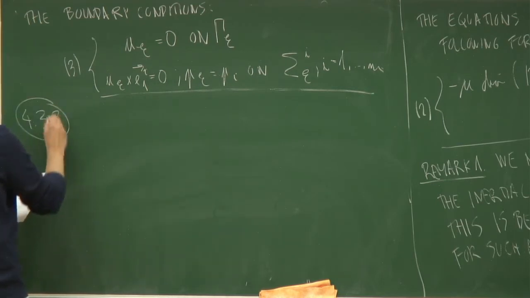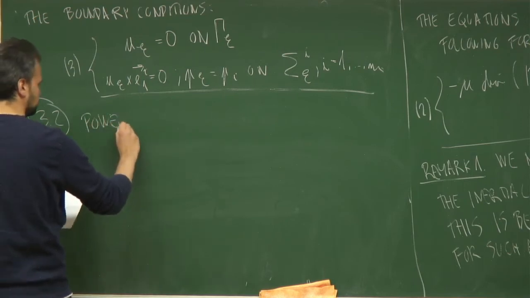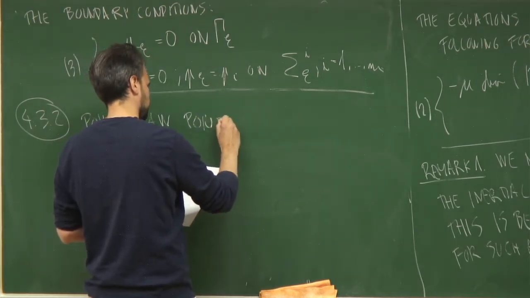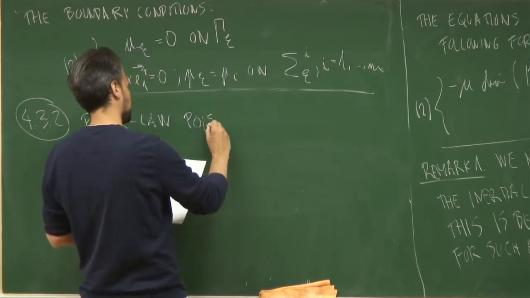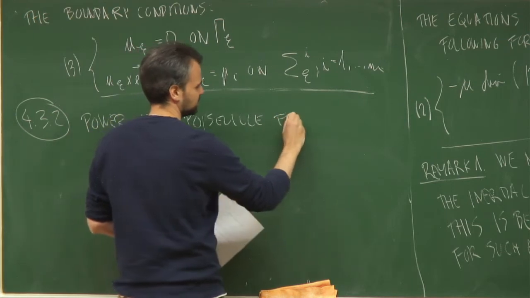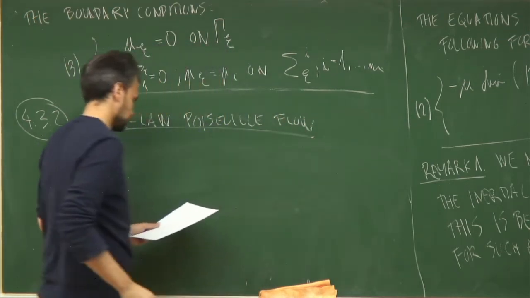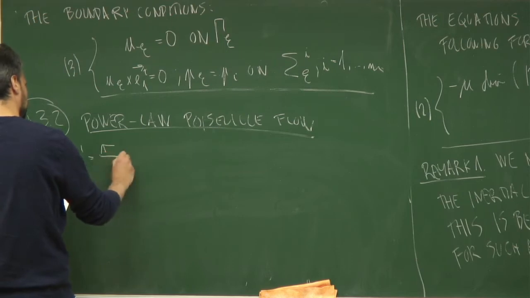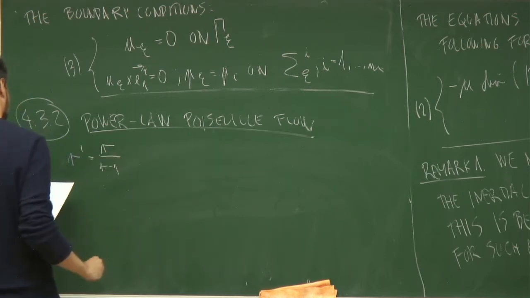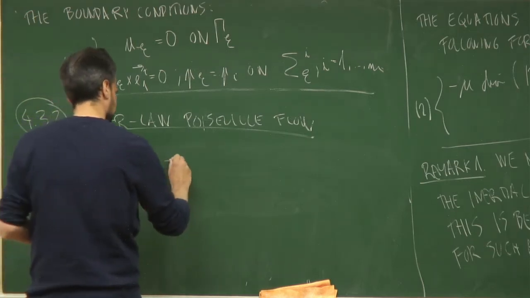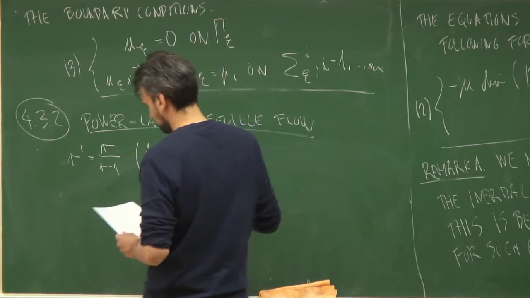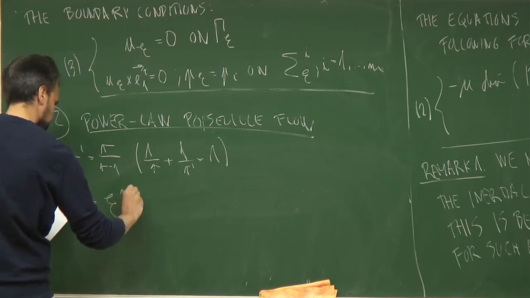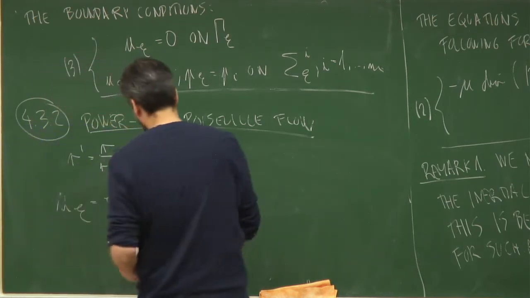So we call this 432 the power law flow. Okay, so if I take this conjugate, r over r minus 1, then I expand in the following way. So U epsilon is given in this way.